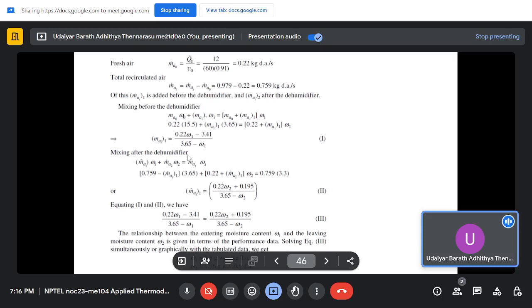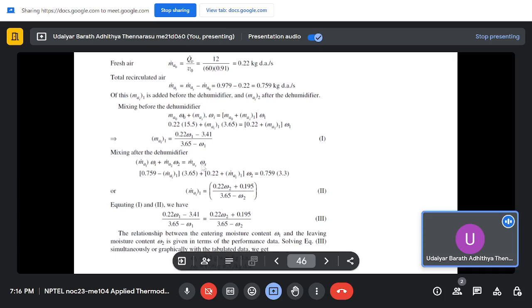Similarly, mixing after dehumidifier. So here also we don't know the mass of air and the omega. Here we substitute m dot a2 in terms of m dot a1 because we know total amount of recirculated air.